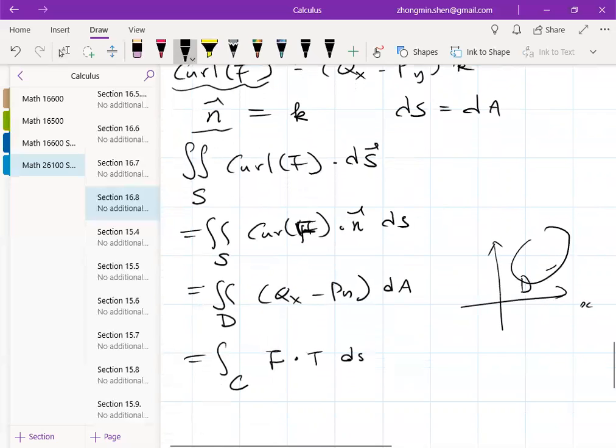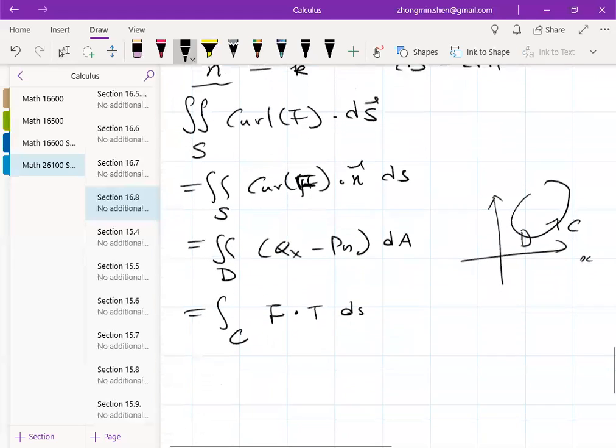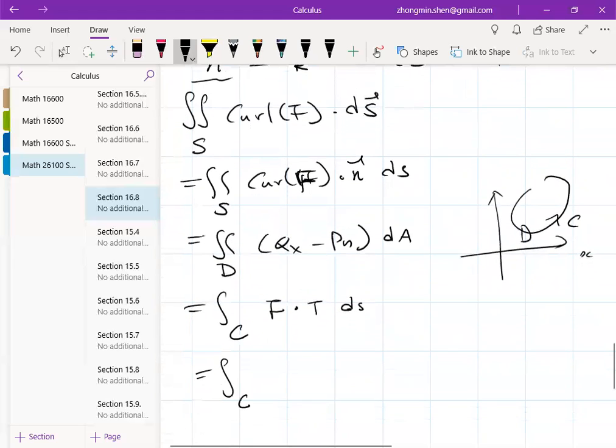This is D, this is C. So this inner product is just like a usual line integral. It is going to be just two components, because the third component does not play any important role here. So it's just P and Q, and the inner product.